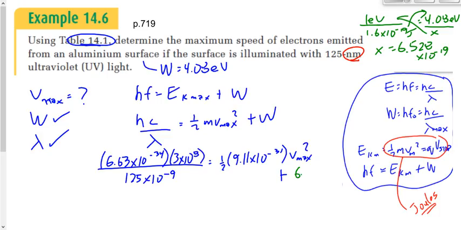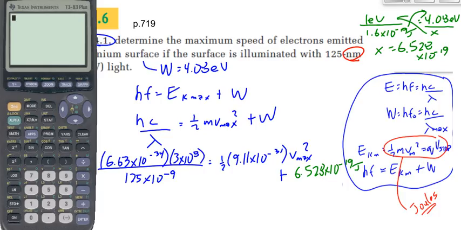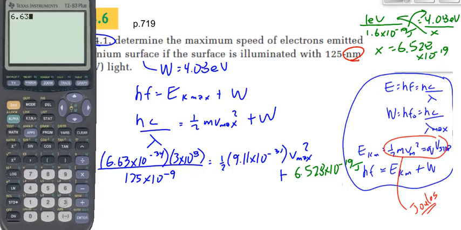So let's plug that in here. All right, let's calculate this now. 6.63 times 10 to the minus 34 times 3 times 10 to the 8 divided by 125 times 10 to the minus 9. Now be careful of the order you do this in. Let's subtract the 6.52 because it's not attached to the v.